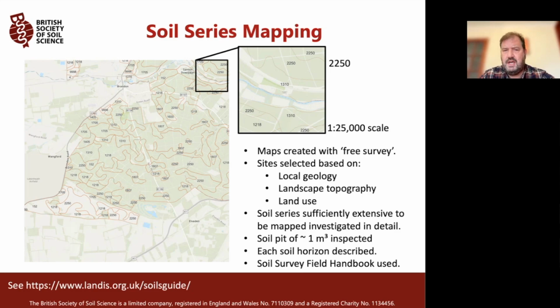We call this a large scale, but what we're saying is you have a lot of detail on the map, and the polygons that you see are actually soil types, soil series.